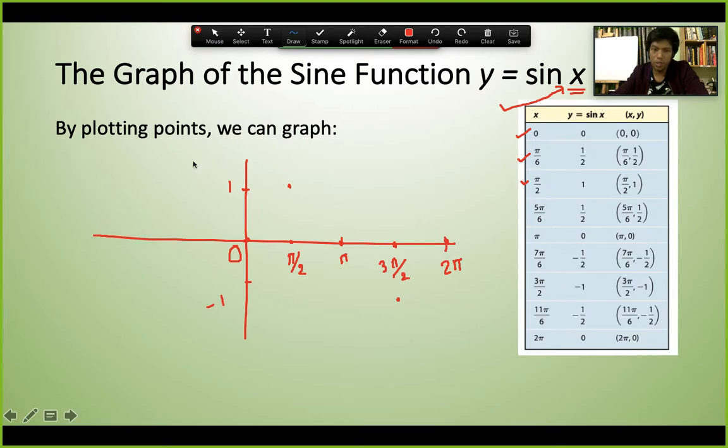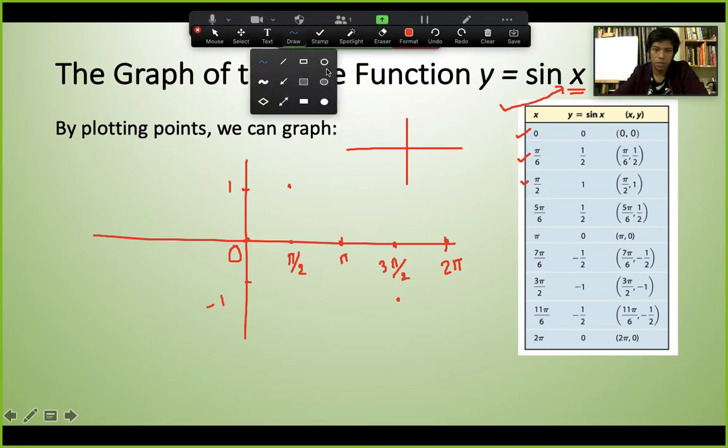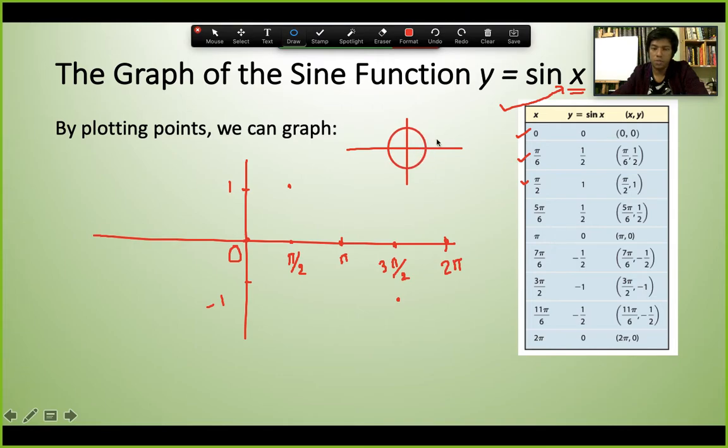You can find this out from the unit circle also. If we take the unit circle, we can find all these values, because we know this point is 1 comma 0. Sine is the y value, so sine 0 degree means 0.